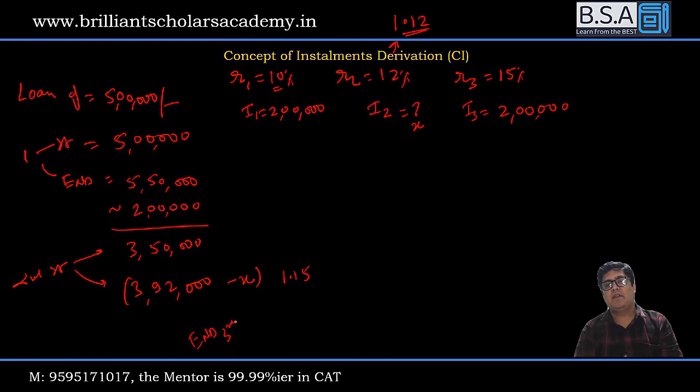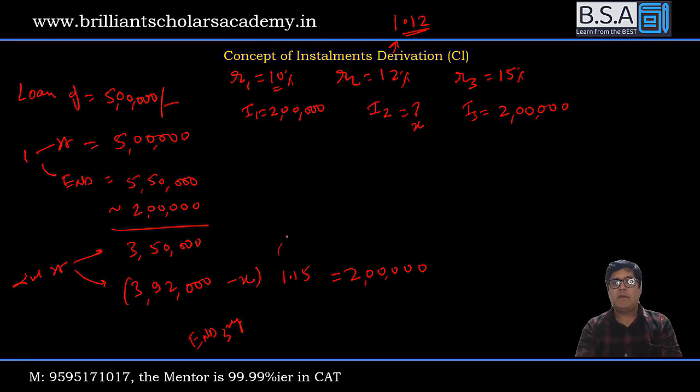This is the end of third year. Now can I say the last payment should balance it off? This is the last payment. 2 lakh rupees should balance off the loan. So what I will do is 3,92,000 increased by 15%.